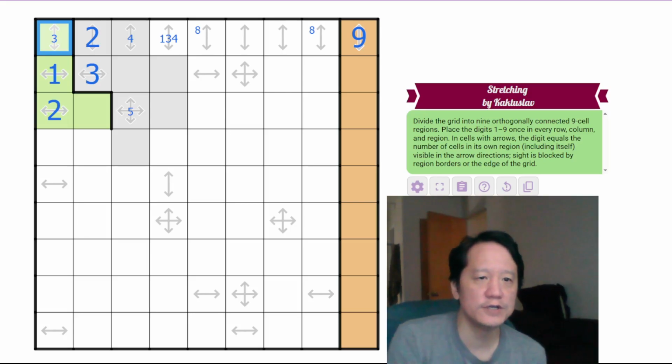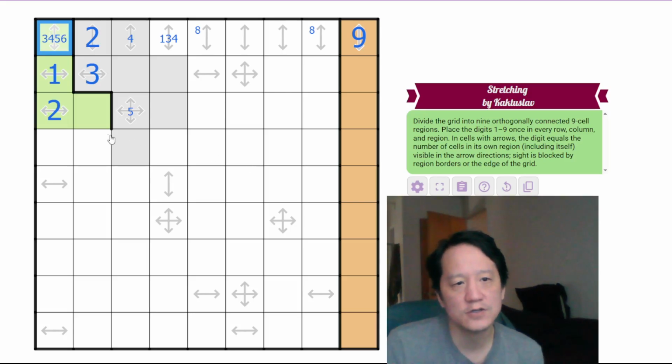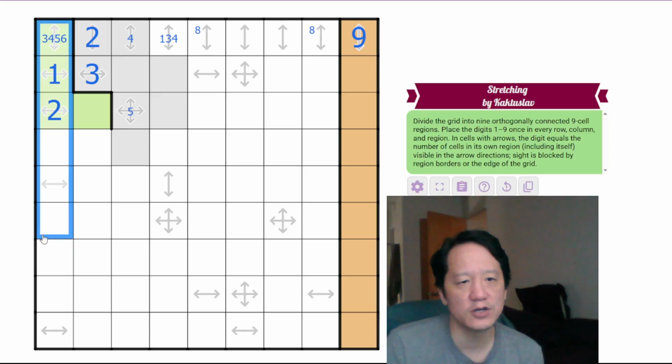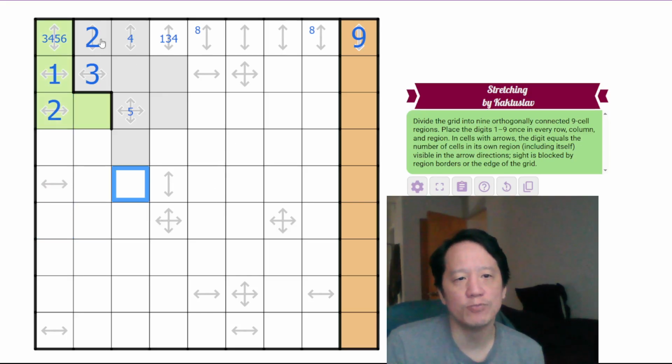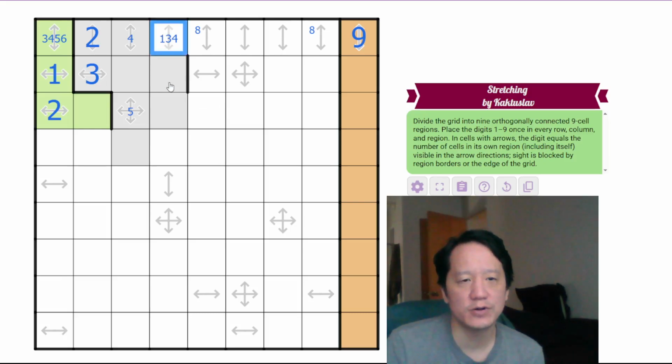This is 3, 4, 5, 6. Cannot be 6. It could be 6, right? You can see 3 that way. We have 1, 2, 3, 4. So this is boundary here. This, if it's part of the region, doesn't work.